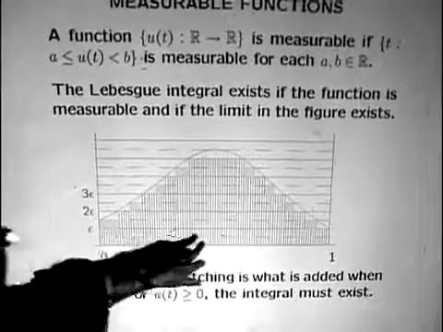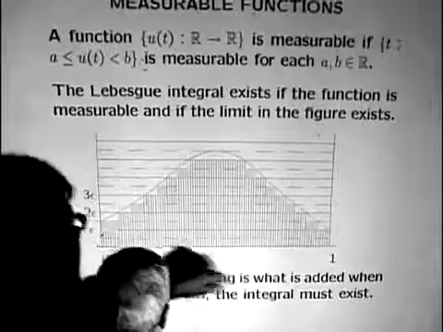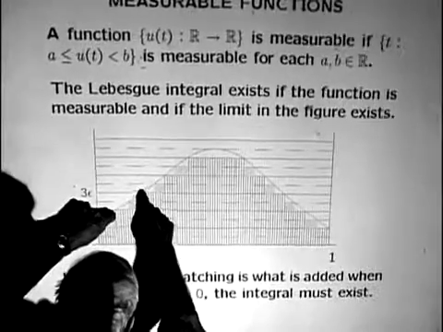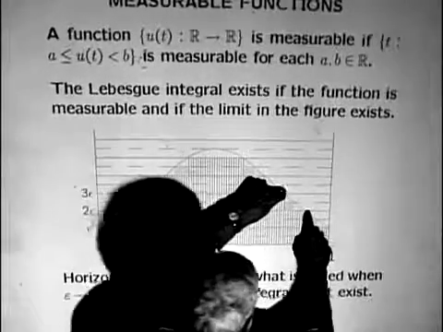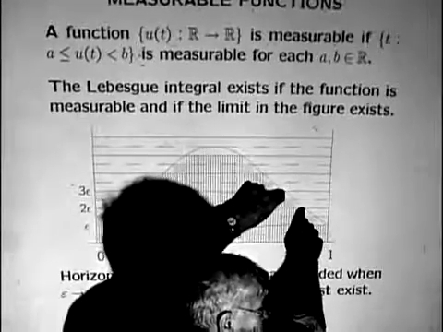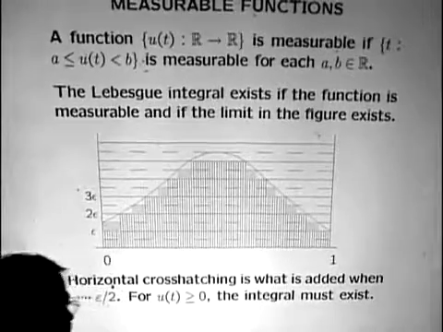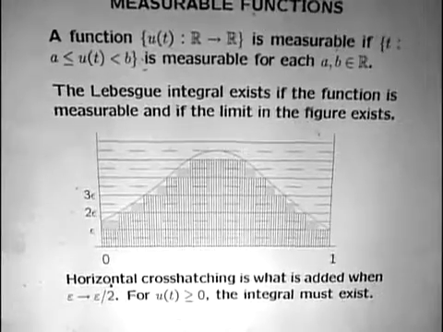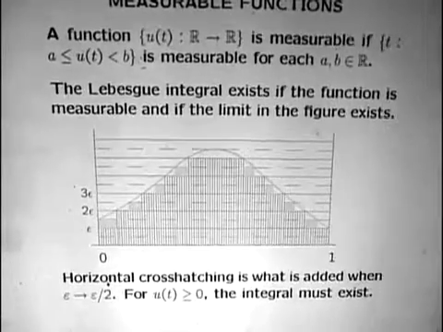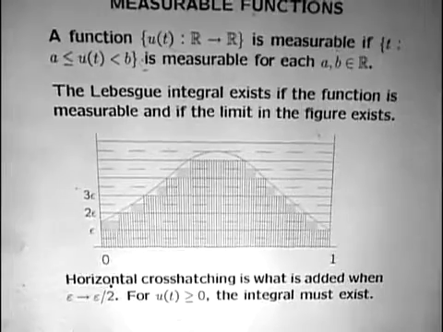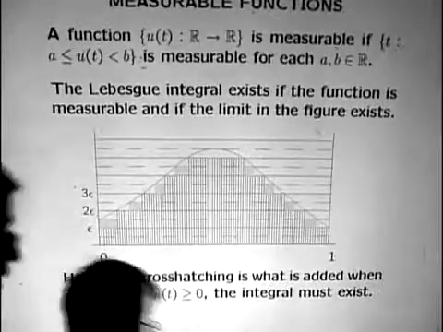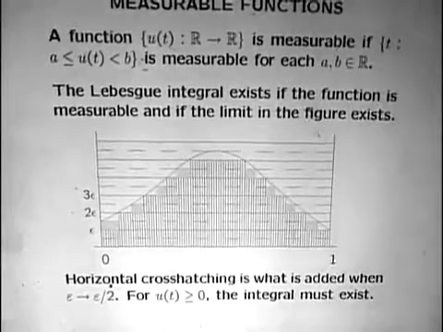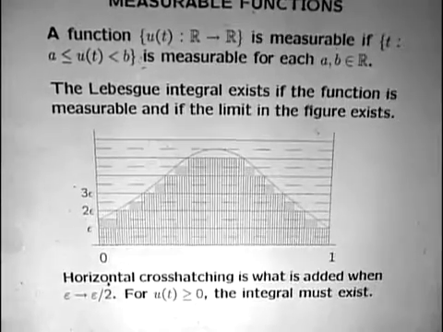Okay, in other words, that's the set we were talking about before, which went from here to here, and which went from here to there. And in this case, for this very simple function, that's just a sum of 2 intervals. If I make the function wiggle a great deal more, it's the sum of a lot more intervals. So we say the function is measurable if all of those sets are measurable.